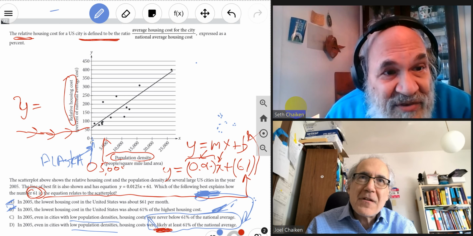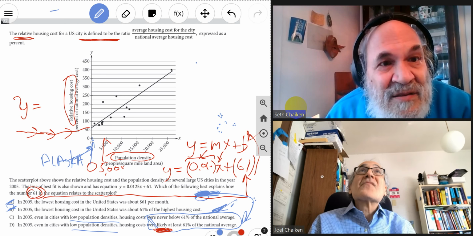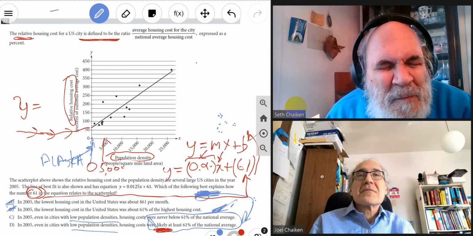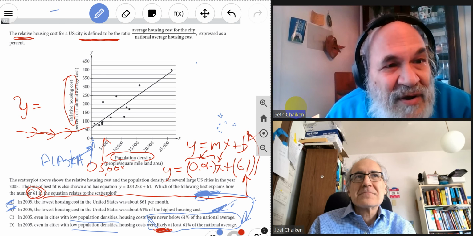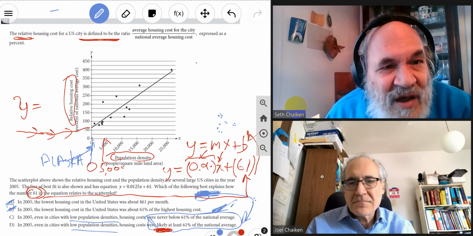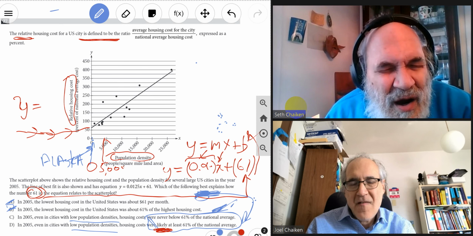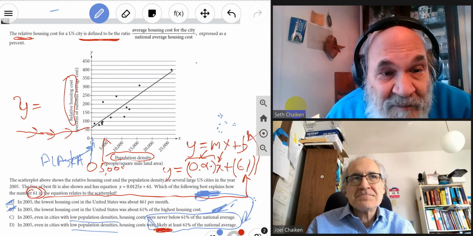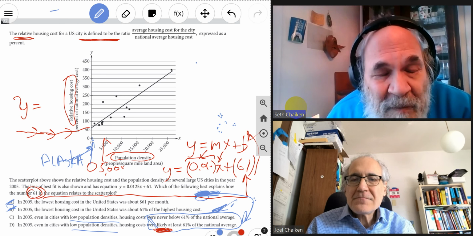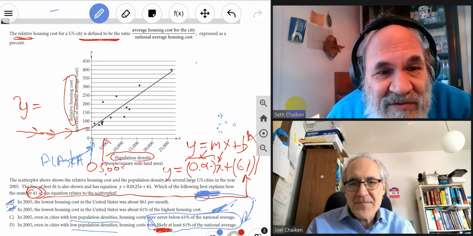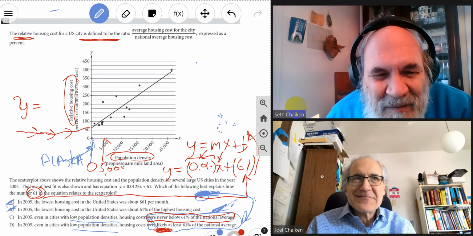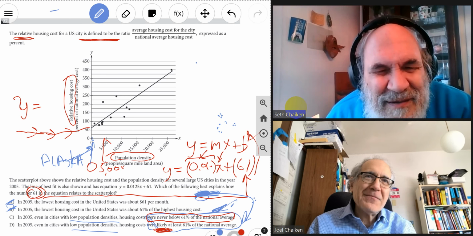However, what this is showing is that none of the actual relative housing costs are below it. They're all significantly above 61%. And so I would say this one is more precise. Yeah, I agree.